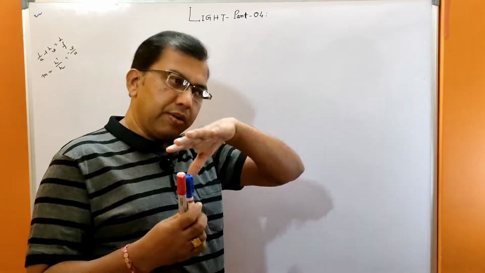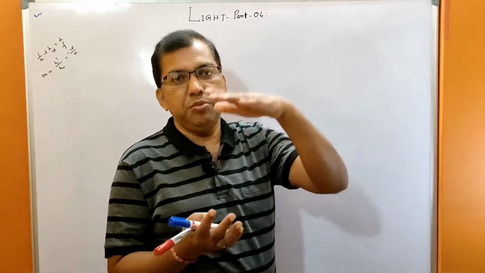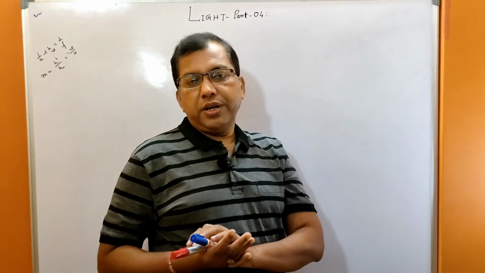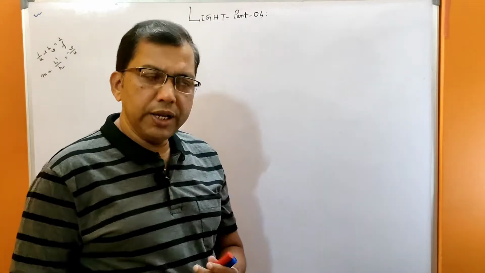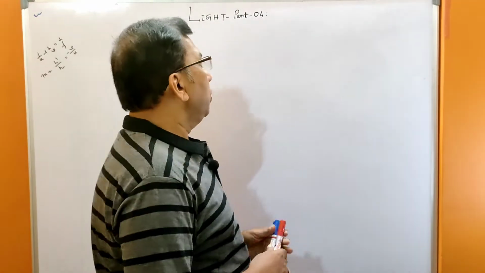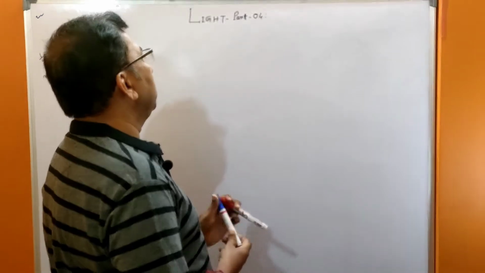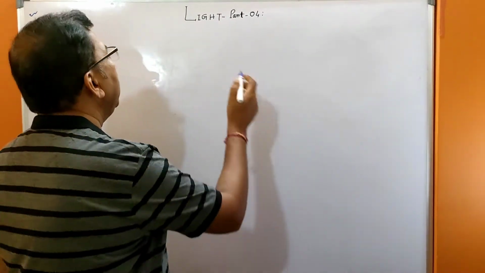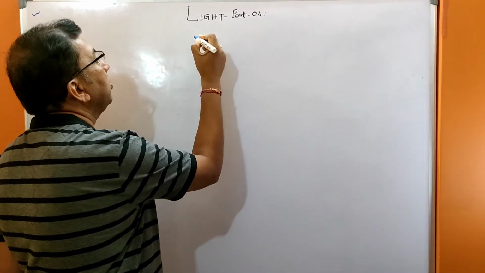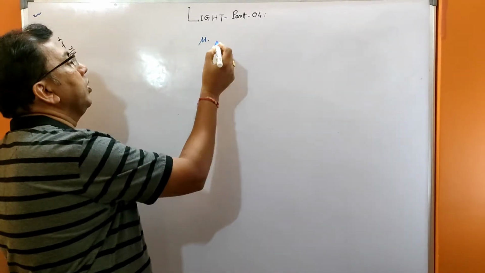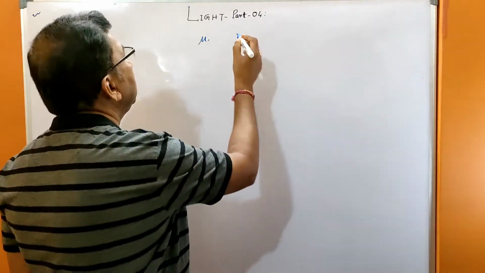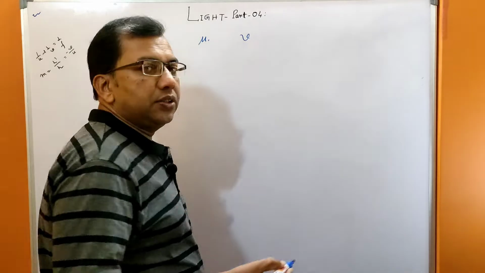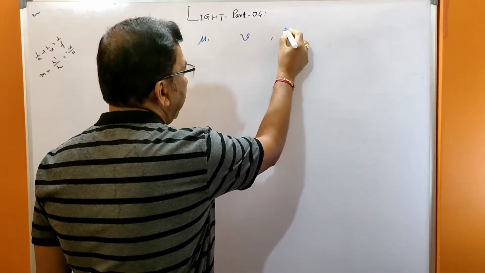We have seen that in some cases it is enlarged, in some cases diminished, in some cases real and inverted, in some cases virtual. All these things we have got. So suppose the distance of the object from the mirror is u, the distance of the image from the mirror is v, and the focal length is f.